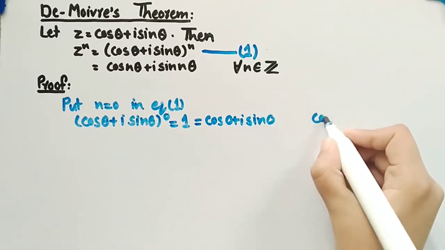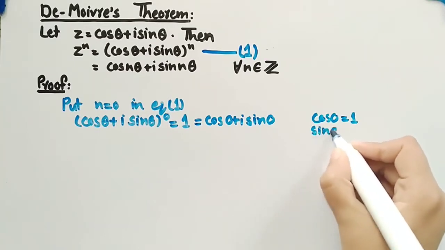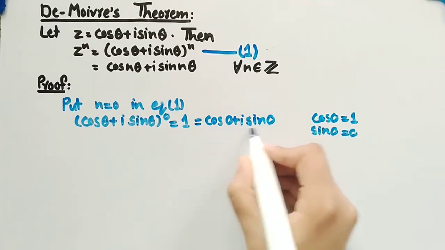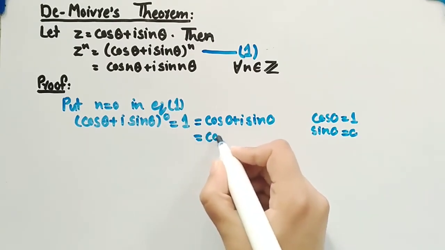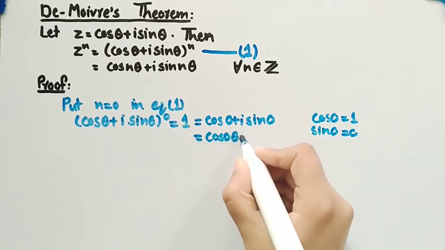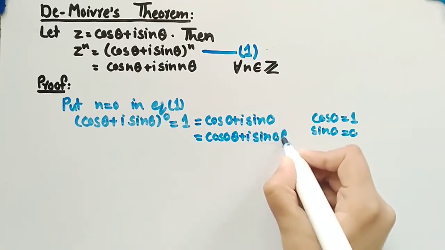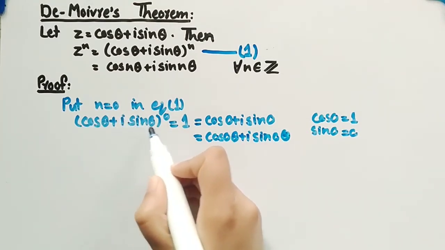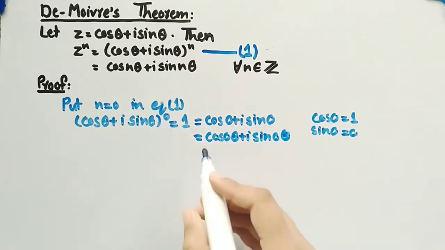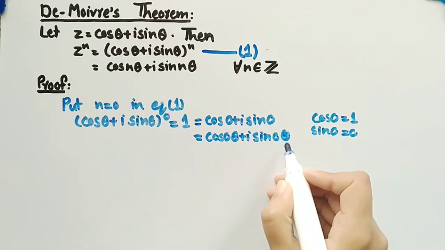Since cos 0 is equal to 1 and sin 0 is equal to 0, it will be equal to 1, and we can rewrite it as cos 0 theta plus iota sin 0 theta. Now for n is equal to 0, we have written (cos theta plus iota sin theta) raised to power 0 as cos 0 theta plus iota sin 0 theta.